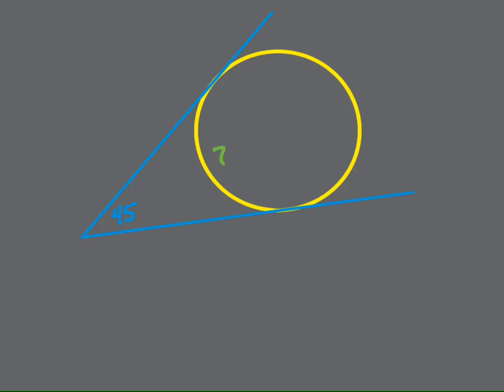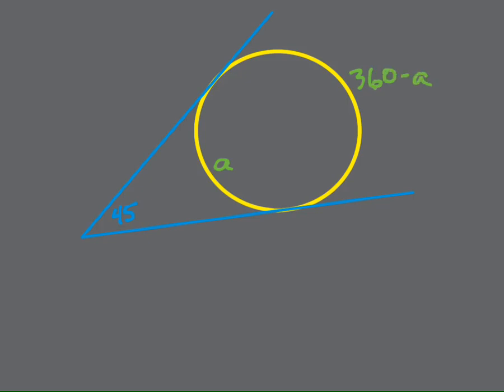Since we're trying to find the measure of that arc, couldn't we give it a variable? Call it maybe A? If we call that A, then what's this arc over here going to be? 360 minus A. Yeah, we don't need another variable because we know that the two of them are going to add up to 360.